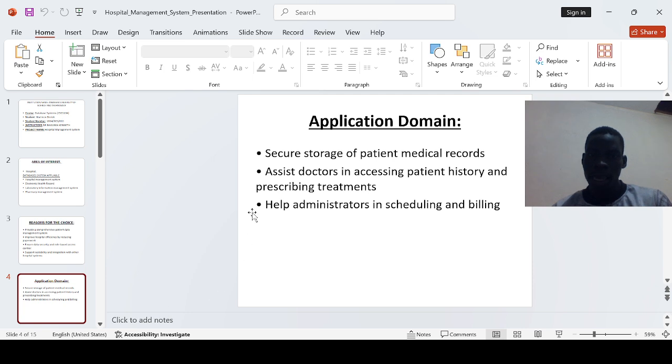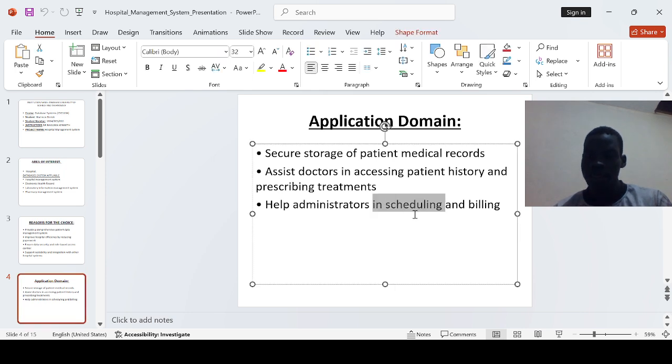And it helps administrators in scheduling and billing, where the time scheduling here helps in reducing overloading on the doctors, and also enhances quick patient recoveries via efficient treatments which shall be delivered timely.